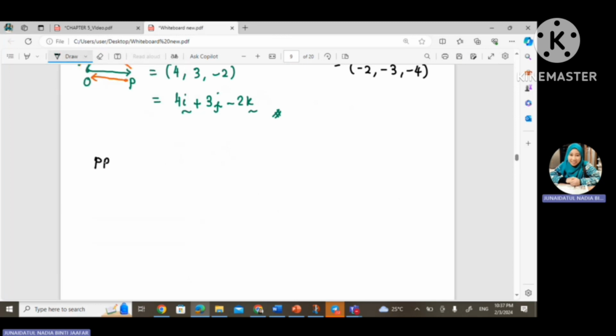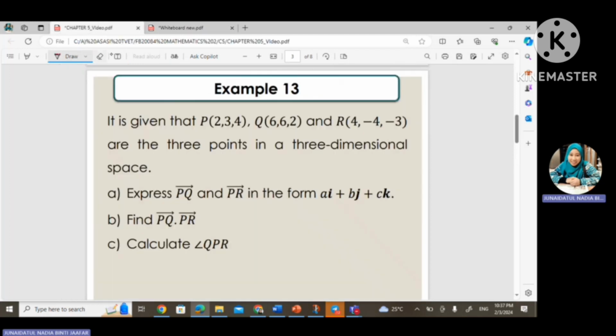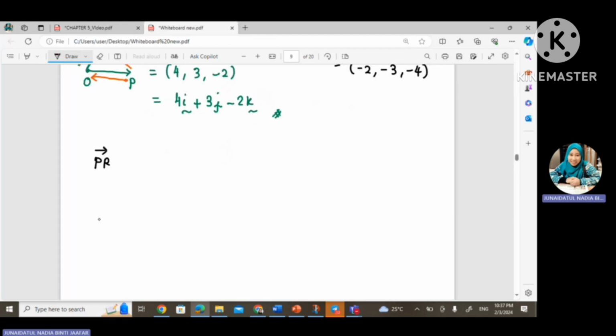So vector PR. We have the origin here, go to vector P, and then another vector is R. So we must find vector PR.